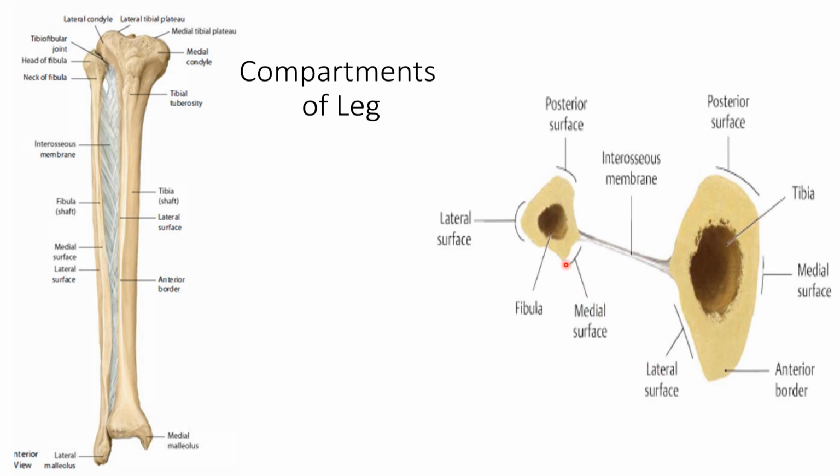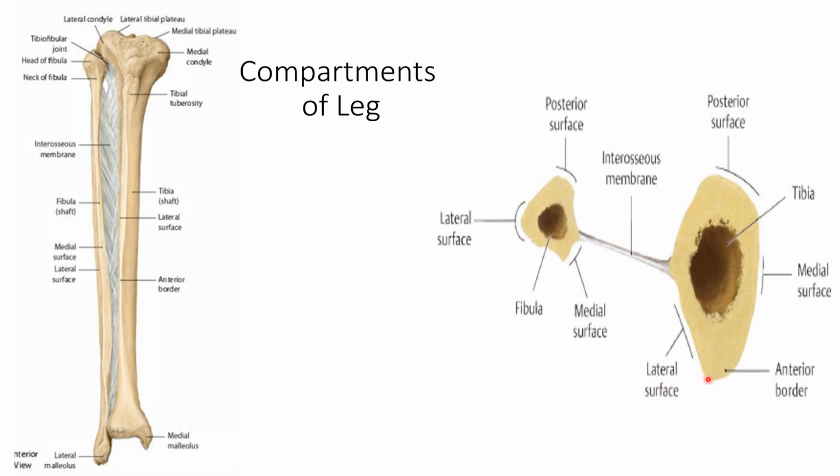Between these anterior borders, this compartment is the extensor compartment. This is the extensor surface of the fibula and the extensor surface of the tibia. Enclosing that, the crural fascia runs from the anterior border of the tibia, enveloping it all around, and is attached to the posterior border of the tibia. So this portion is enclosed.